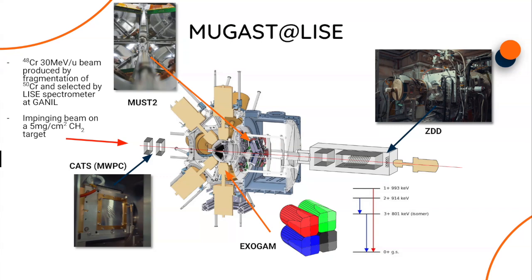We had a set of 12 EXOGAM germanium detectors to detect gamma rays because it was important for this experiment to have gamma rays to be able to identify the state of interest, this 1+, very close to two other states in energy. And we also have a 0 degree detection to detect the beam-like nucleus and to be able to identify it and to have a better signal over background ratio for this experiment.